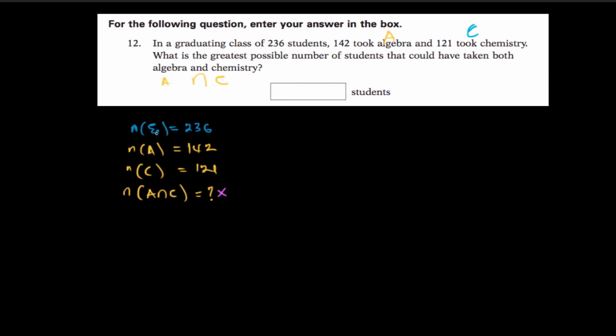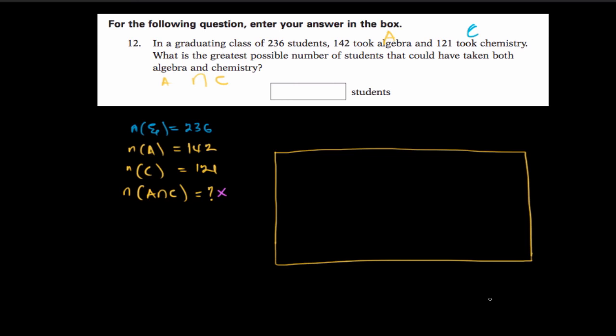Now the best way to solve this kind of problem is to draw a Venn diagram. I'm going to represent the universal set with a rectangle. So this is my universal set, and its cardinality is 236.